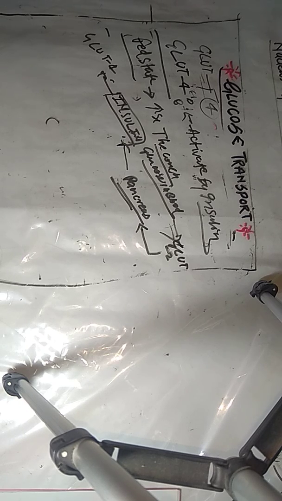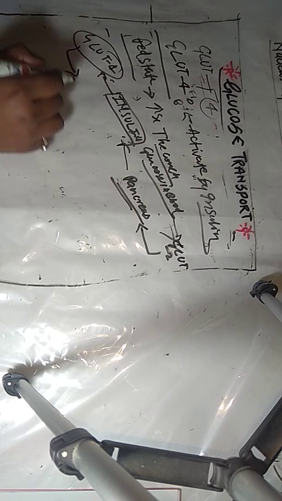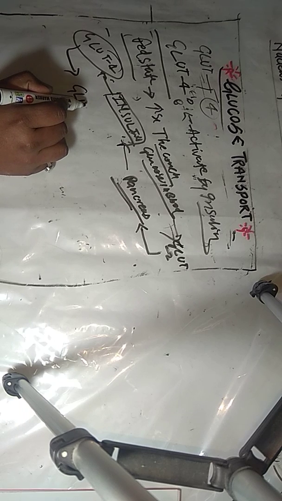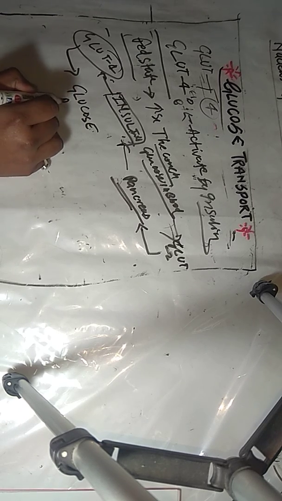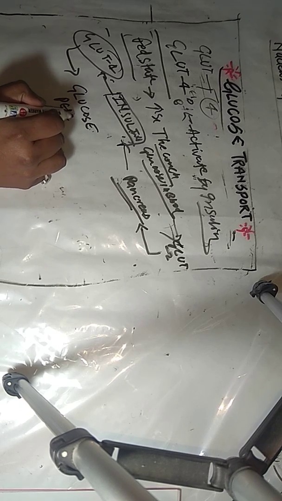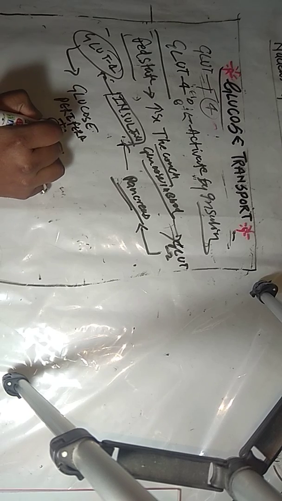When GLUT4 opens, the glucose is going to be absorbed by the peripheral tissue, right?